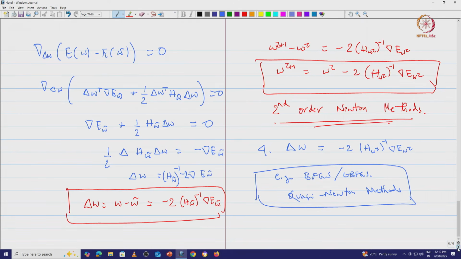Finally we looked at the second order Newton method, and we also talked about what BFGS is, which is popularly used, and what quasi-Newton methods are. So this brings us to the end of the gradient descent algorithms, and we have studied some of the most widely used and most powerful tools across problems wherever machine learning and optimization is being applied.